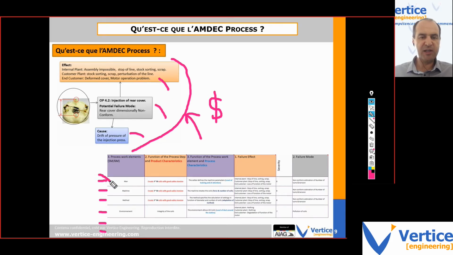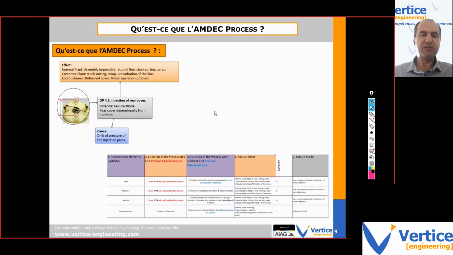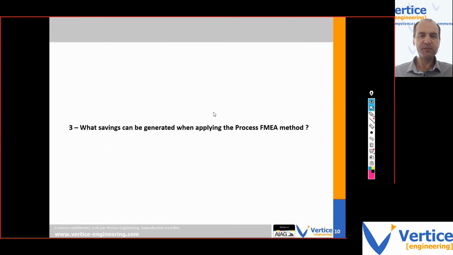So every line in the file actually allows the company to better understand what could potentially happen, what could be the potential cause and the potential effect. So it is valuable to have all these causes, failures, and effects identified. It's very valuable. So this is what Process FMEA is, right?